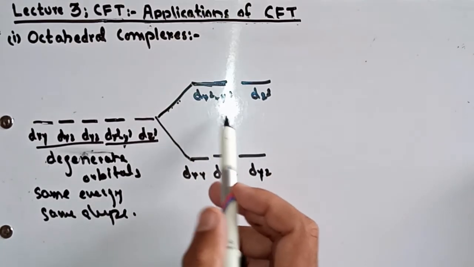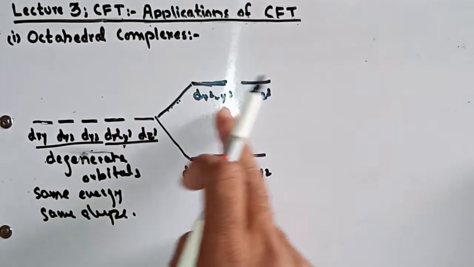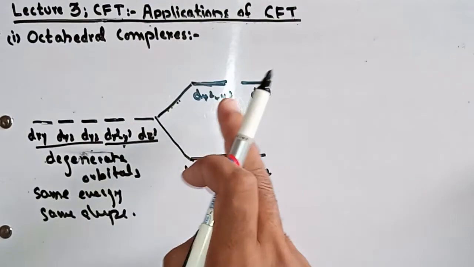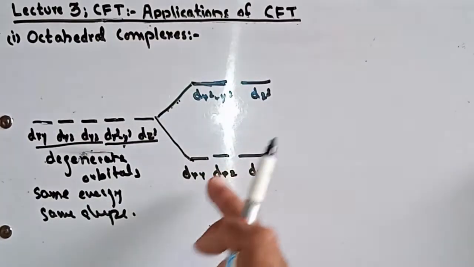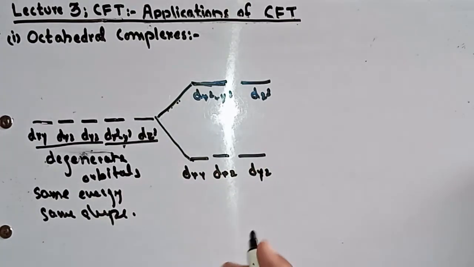Why is the eg increased? Because it is lying on the axes, so the ligand will effectively interact with them, so their energy will be increased, while the t2g have no effective interaction, so their energy will be decreased from normal.